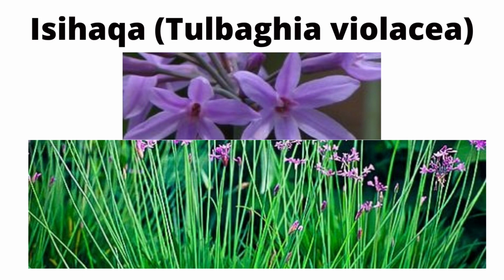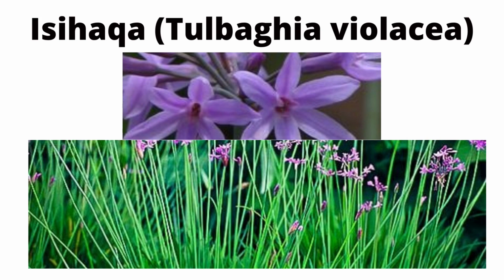So I bought Isihaqa in Harare, and that was the Isihaqa that I was describing. But then come to find out that Isihaqa in Zimbabwe and Isihaqa in South Africa are two completely different plant species. So Isihaqa in South Africa is Tulbaghia violacea, okay?